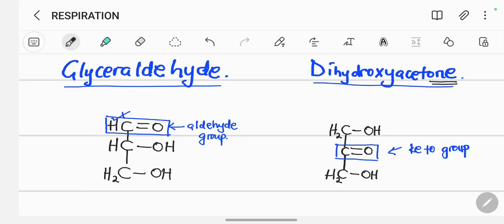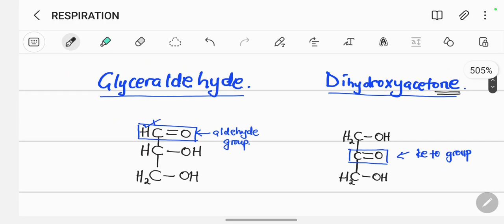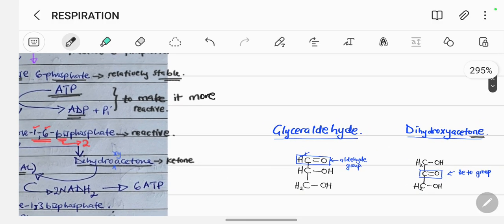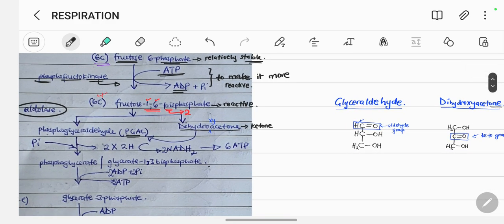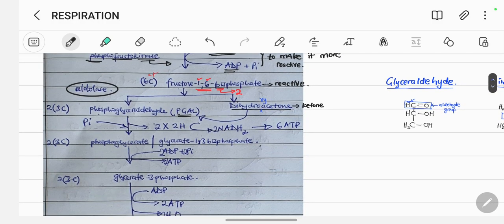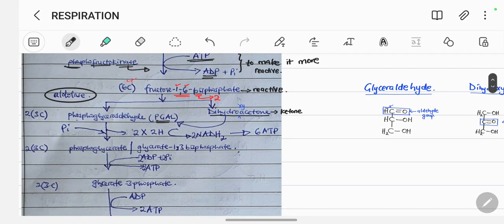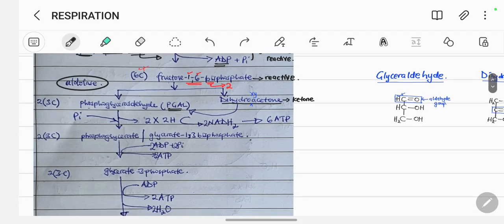So these 2 molecules are isomers, and we are finding them right here, dihydroxyacetone and phosphoglyceraldehyde. That phosphate is just added on the glyceraldehyde there. We remove one OH and add the phosphate to make it phospho.